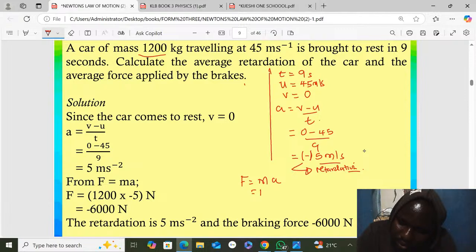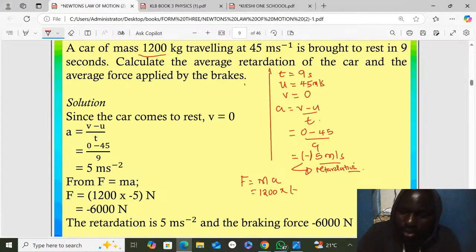The mass is 1,200 kg times negative 5. In this case, it is advisable that you show that you had a negative sign somewhere. So in this case, you'll arrive at negative 6,000 newtons.